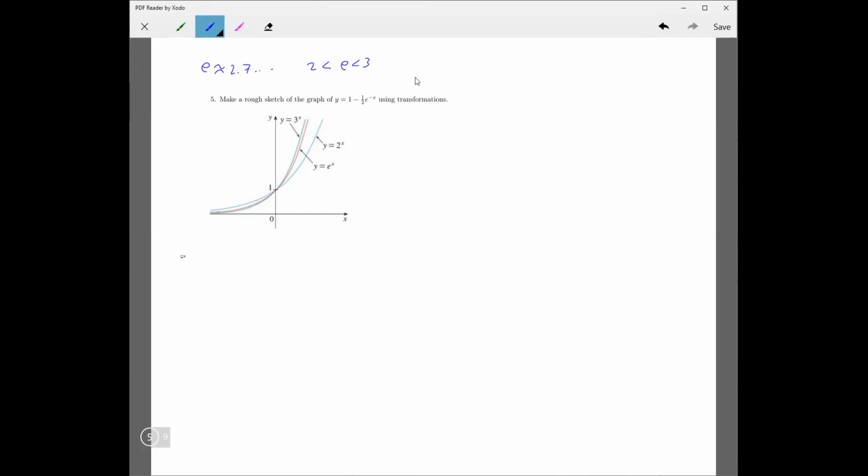Okay, now here, it might be better if you look at it this way. And then you start to pick this apart and say, okay, so we'll start with the x here.